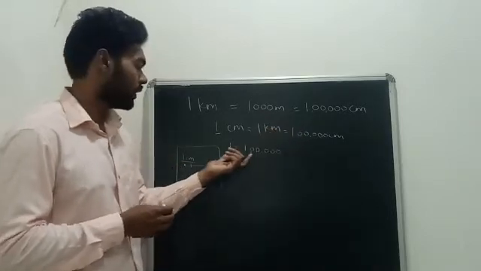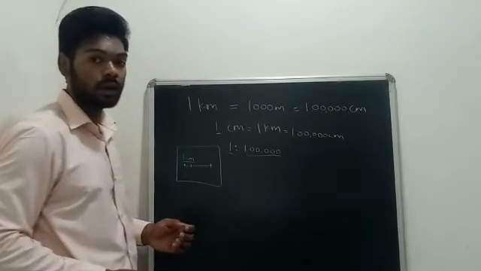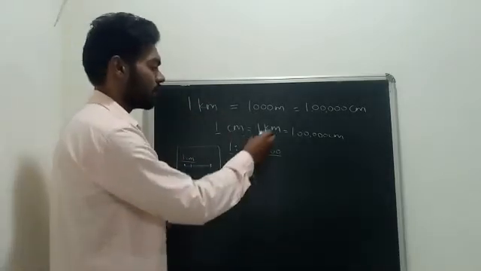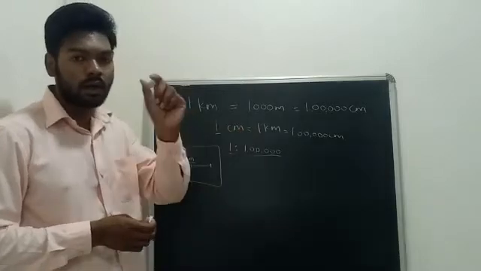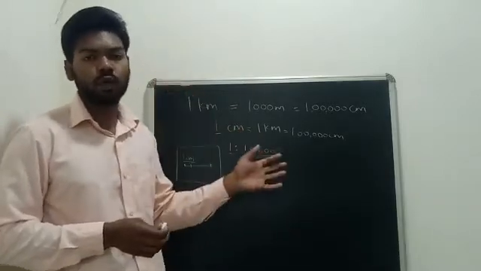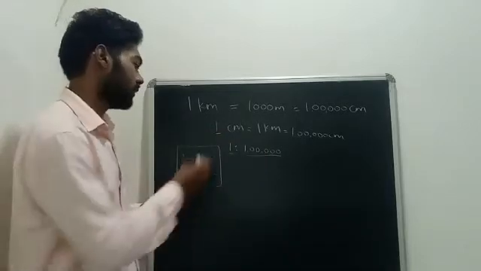So here I am showing the same thing, but I am not writing any centimeter or kilometer. I am not giving any unit. I am just showing it as a ratio. That is one way.